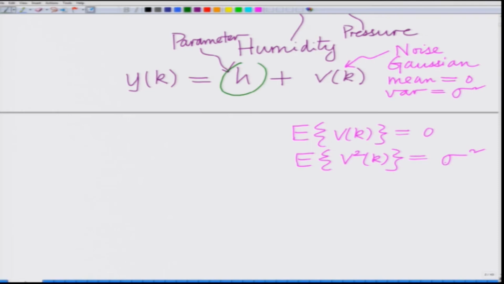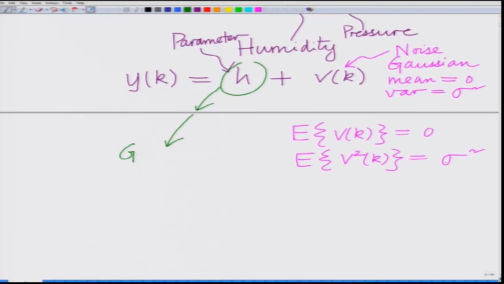Now, h is the parameter. In this context, we are going to assume h is a Bayesian parameter, that is, a random parameter. Remember, there are two different settings. This is the Bayesian MMSE setting, therefore the parameter h is random in nature. More specifically, since we are considering a Gaussian estimation scenario, we can consider the parameter h to be Gaussian with a certain mean and a certain variance.